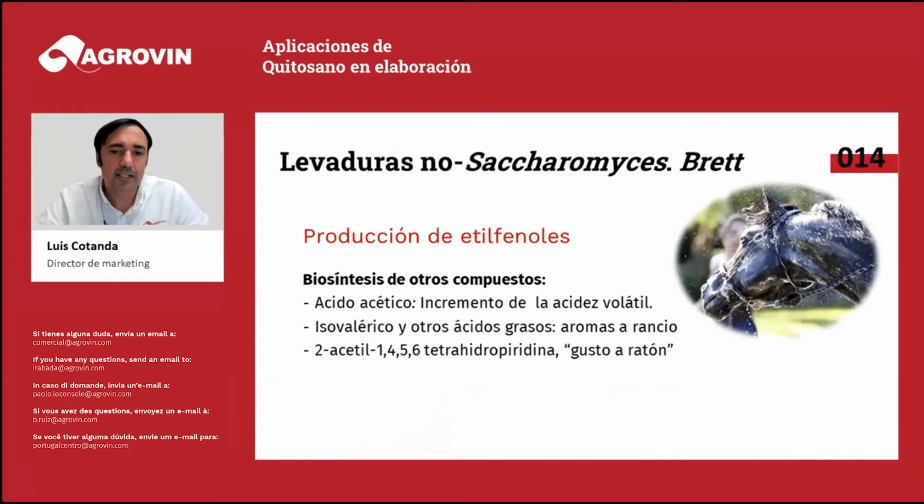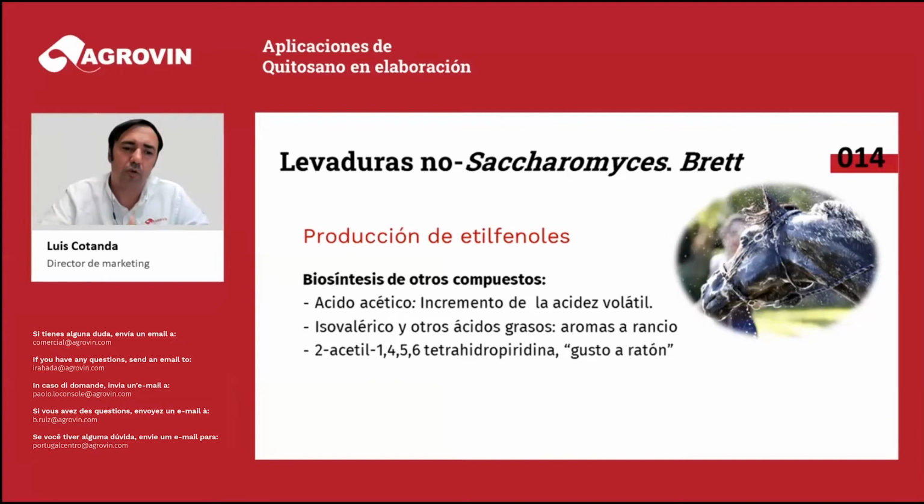And one of the microorganisms that is of high concern is also the non-Saccharomyces, the Brettanomyces. You know the main effect, which is the production of ethyl phenols with characteristic aromas, but they can also produce other compounds that will affect the quality of wine.